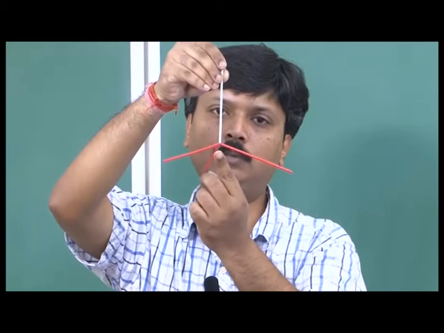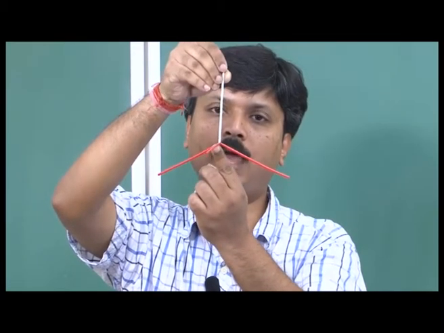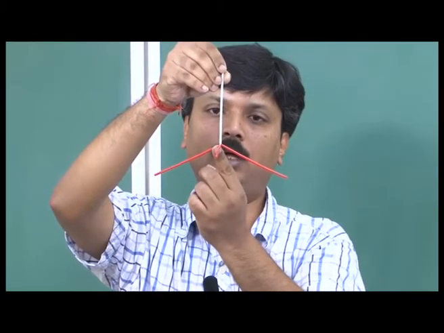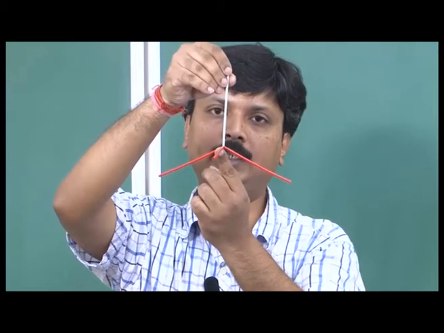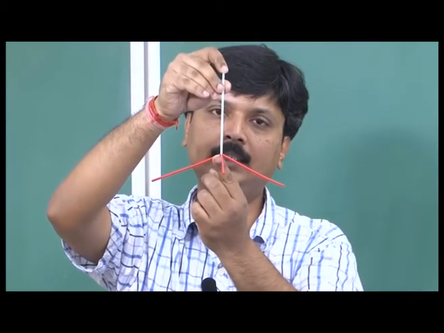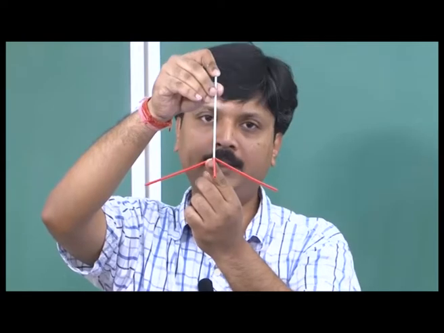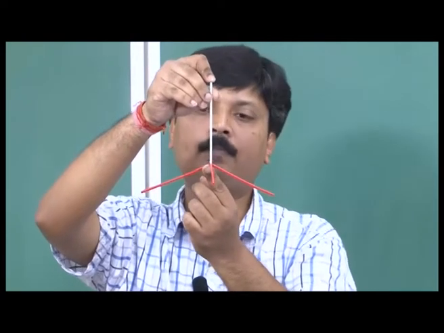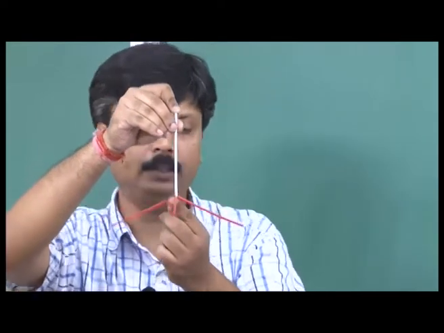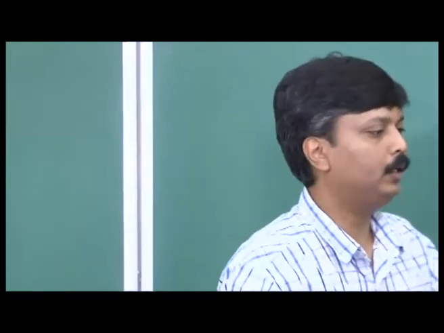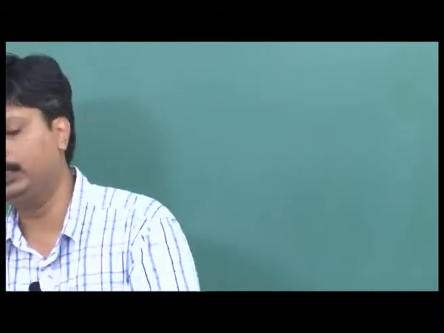If I operate once more, then I end up having another indistinguishable structure of CHCl3. So this axis is known as the C3 axis. This is a proper axis of rotation, and C3 gives you back an indistinguishable structure of the original molecule.